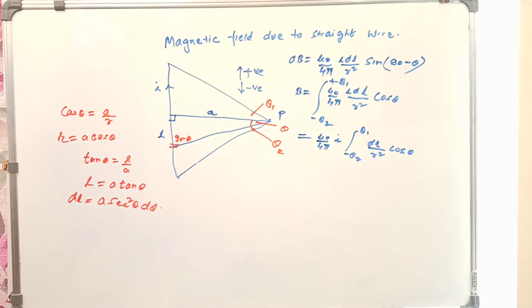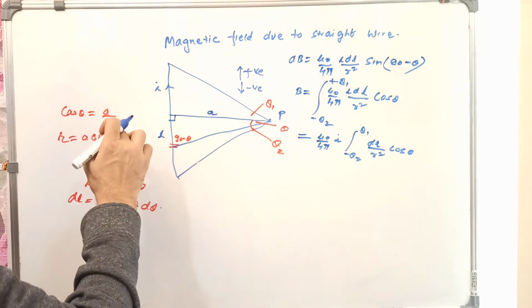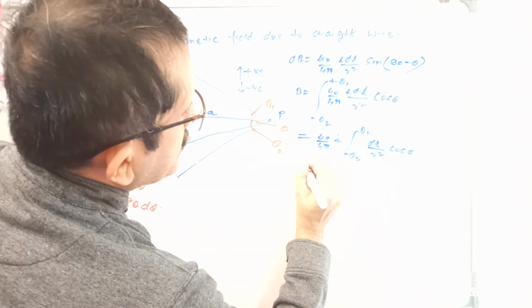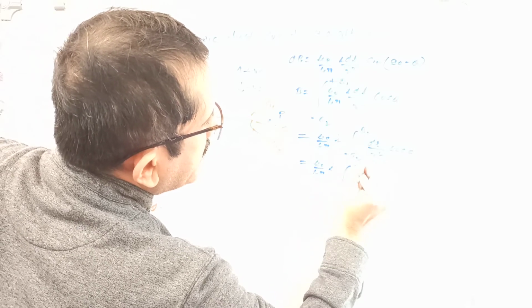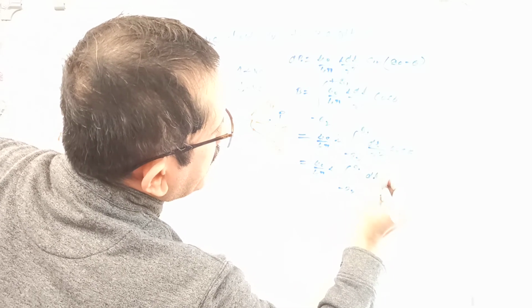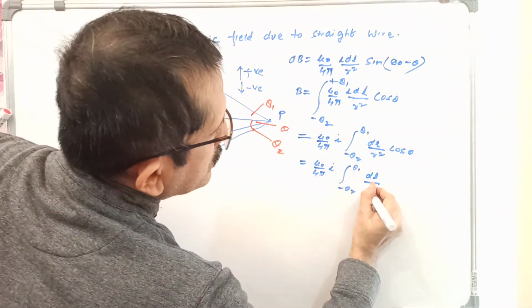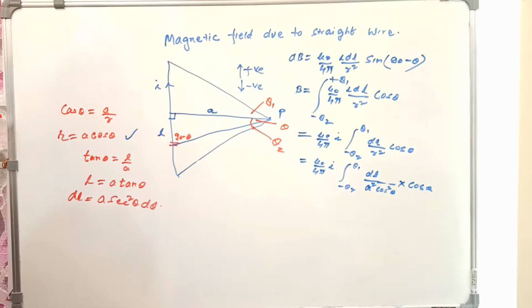Okay, very good. Now I go back again here, r is equal to a cos theta, and we have r square. So what I have done is, mu naught by 4 pi I, theta 1 to theta 2, in place of dl, let it be dl, r square. So what is r? a cos theta. So this becomes a square cos square theta, correct, into cos theta.